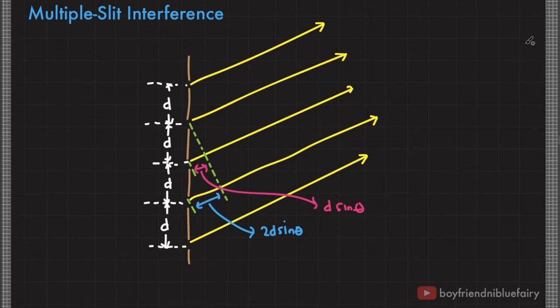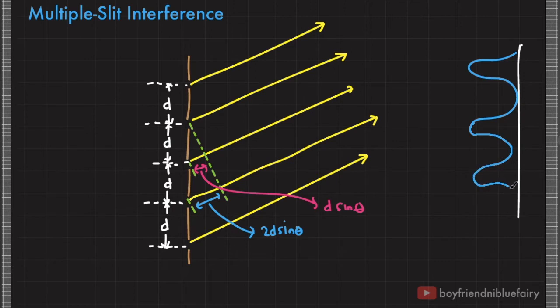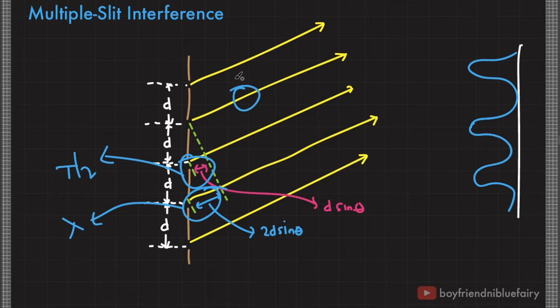So for example, if this is the screen, let's assume that it will produce a very bright pattern. Let's suppose that the path difference of ray 2 with respect to ray 1 is lambda over 2. Then apparently, this one has a path difference of lambda with respect to the first ray. Let's name this ray 1, then ray 2, and this one ray 3.